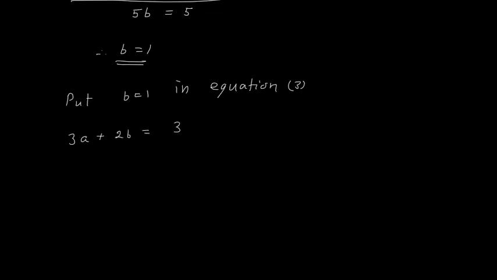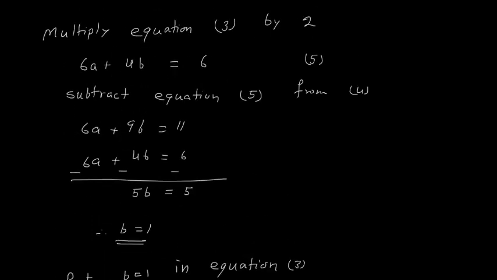So therefore 3a plus 2 into 1 is equal to 3. So therefore 3a equal to 3 minus 2 is equal to 1. So therefore a is equal to 1 upon 3. So b is equal to 1, a is equal to 1 upon 3.